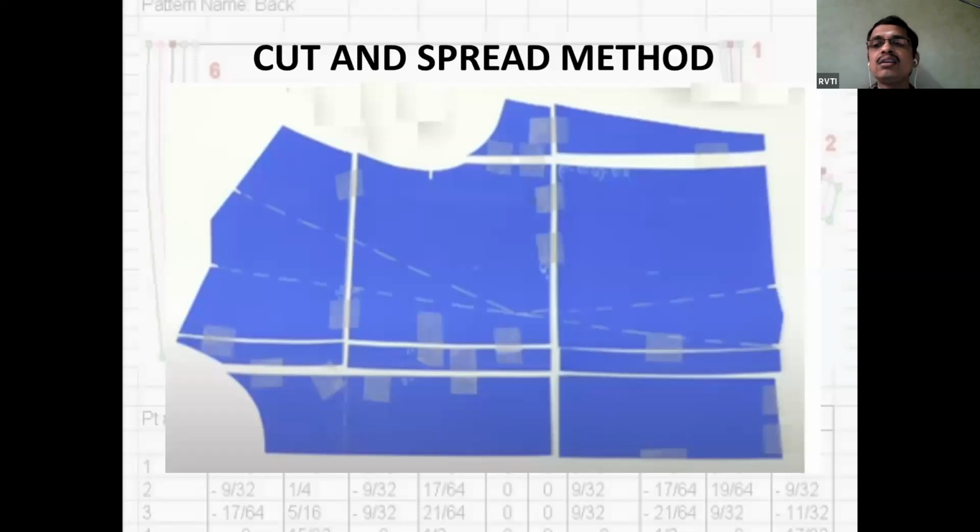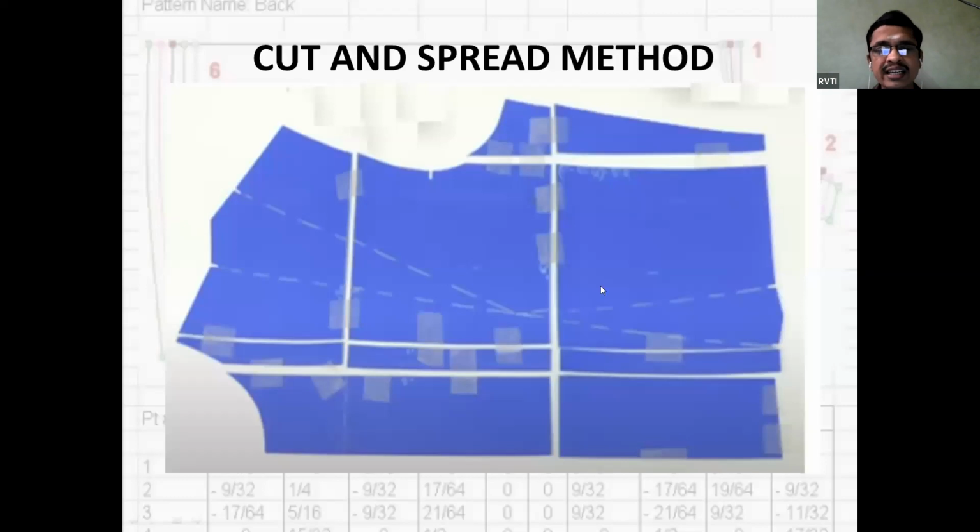The main qualification for pattern grading is that you have to know pattern making techniques very well. If you know pattern making properly, only then can you understand grading. Without that knowledge it is very difficult. For preparing a pattern, if you don't have pattern drafting knowledge, you can use the draping method. But in pattern grading it's not like that. You should definitely have pattern making knowledge.